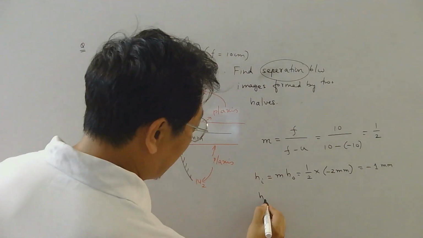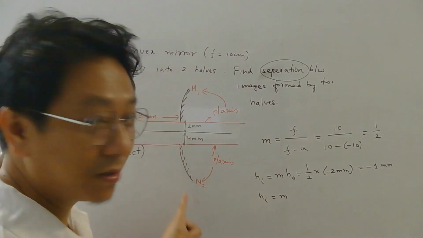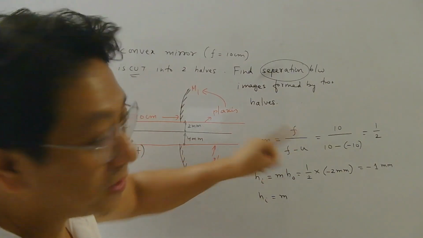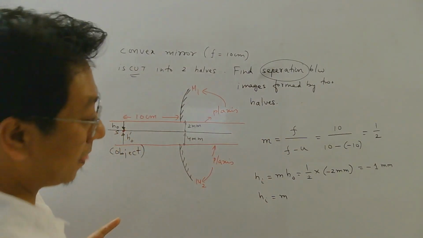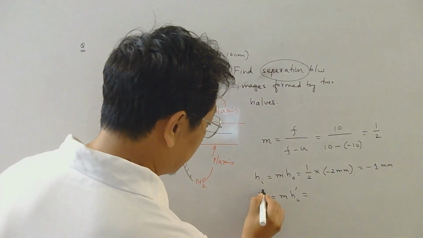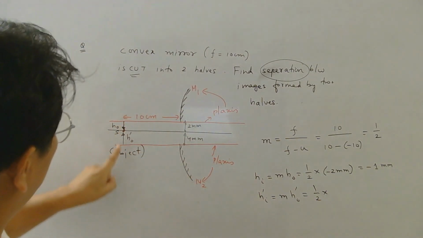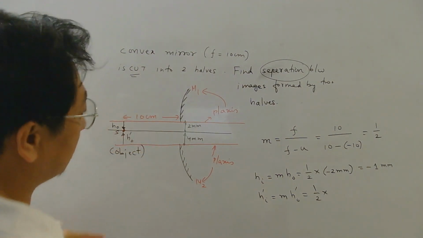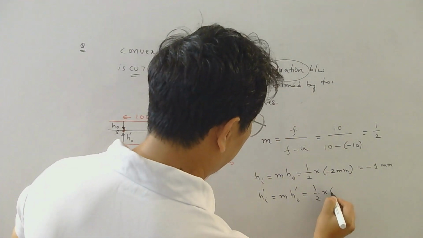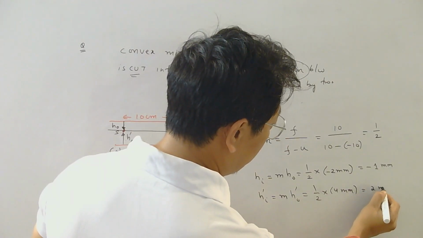And image height in the second case, magnification will be same for this mirror also, because F and U are same for this object. So object height in the second case, half into, what is object height? Positive, it is up from this principal axis, so this is 4, so that is 2 millimeter.